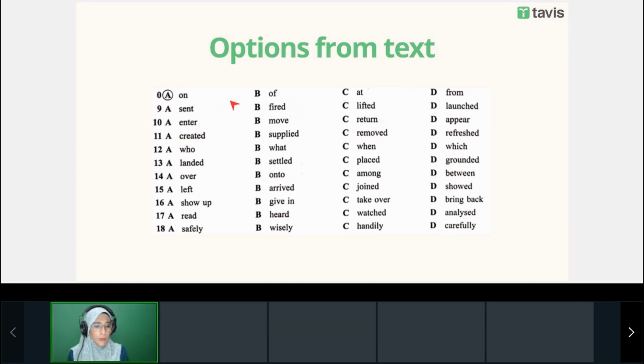So you can identify roughly the tense used for the whole text. Now, how can you identify that? You can see it here. The options for question 9: sent, fired, lifted, launched, right? And then you have created, landed, left, arrived.